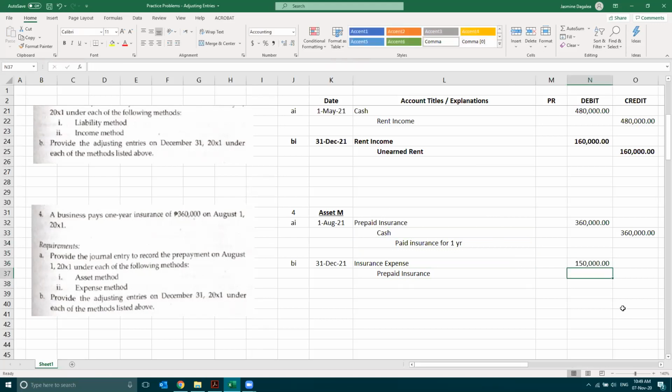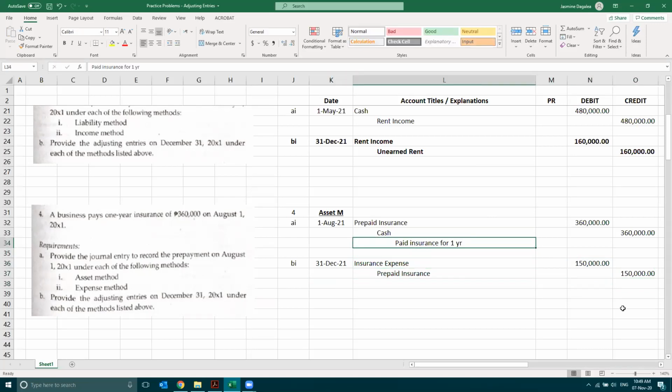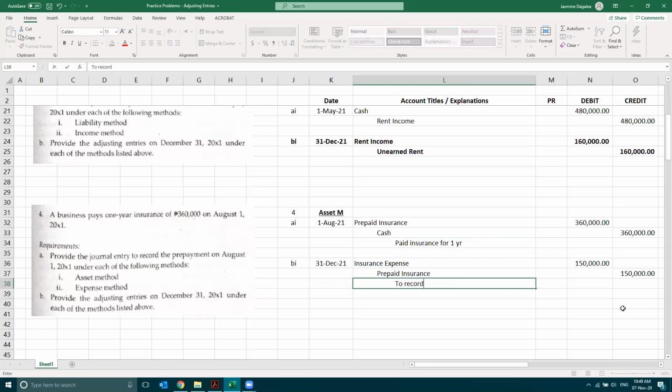Only 5 months expired. Okay? 150,000. That is the entry to record the expired portion.